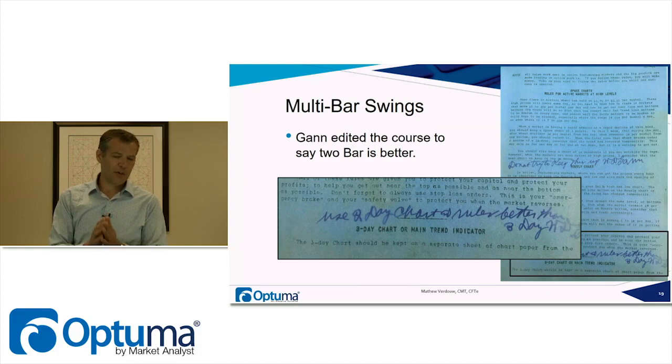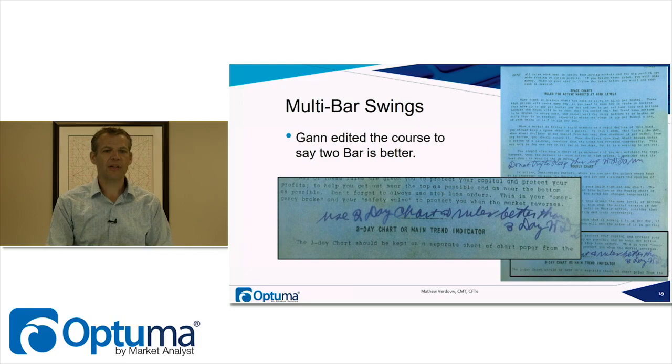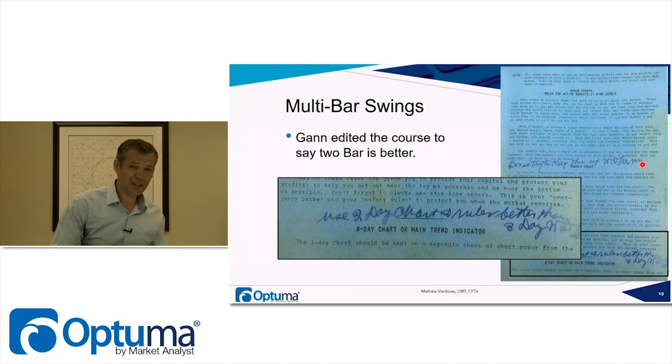Gann had this habit, you know, he would send people his courses, but then if he changed his mind over the years, he would then get a purple pen and write in it different information. Now again, this may be hard to see, but at the top here, what I find funny is that he's talking about how you should keep a 1 cent chart of the market. Now, probably back in the 20s and 30s, the market wasn't moving so fast.